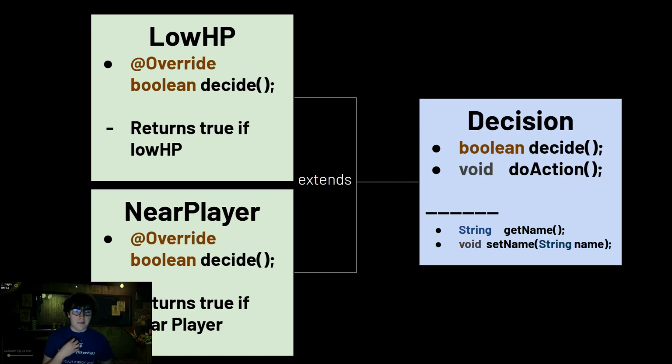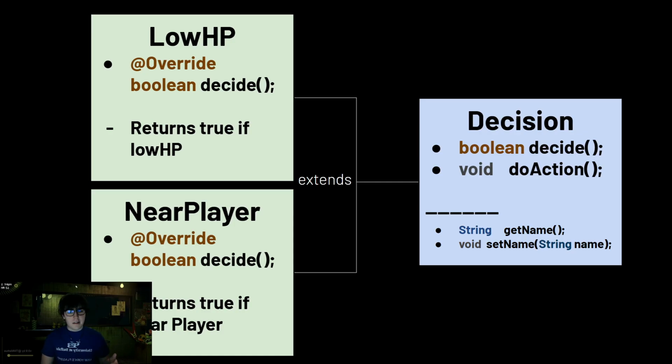which is cool. But you might be wondering, what about do action? Well, in these scenarios, I didn't override do action, and that's actually because any subclass that extends decision should really only override either the decide method or the do action method, and that is because of the behavior of our tree. Only the leaf nodes can execute a do action call.